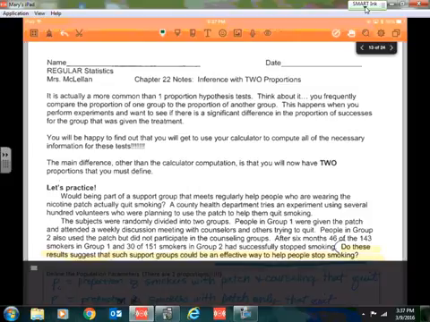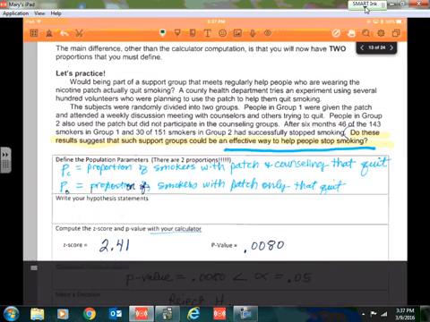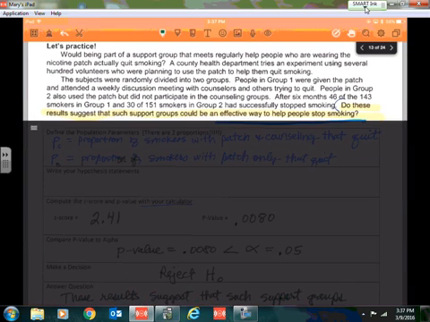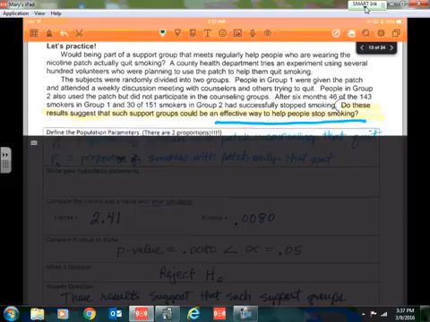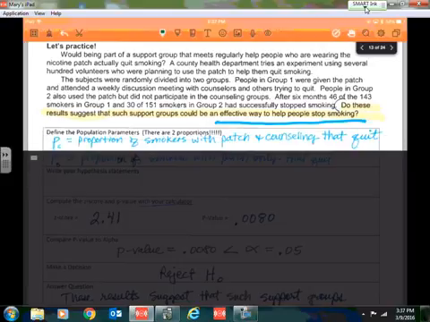So we're going to be comparing two proportions, the proportions of the two separate groups, which means we have to define both proportions. If you think back, one of the groups is p with a little subscript C for counseling, and that is the proportion of smokers with patch and counseling that quit.